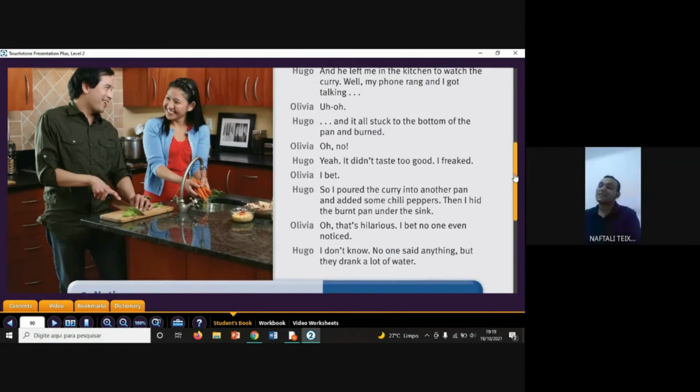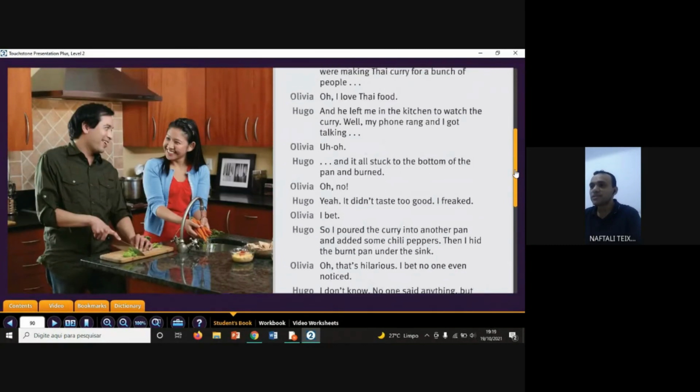Yeah, right. Because this curry is a spicy food, right? This is why they drank a lot of water. Okay. So did you notice a lot of the expressions that Cheyenne said? These expressions are related to reaction, right? Cheyenne was reading and then she was reacting to Hugo's story. So here, Cheyenne, you noticed, right?